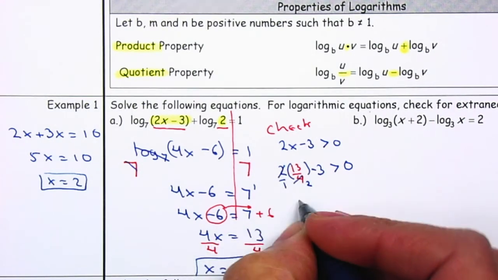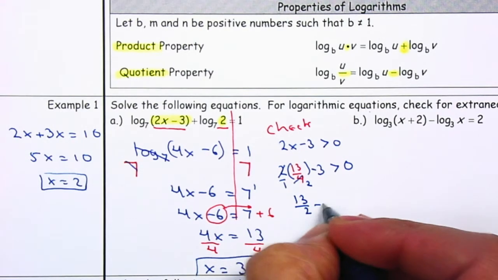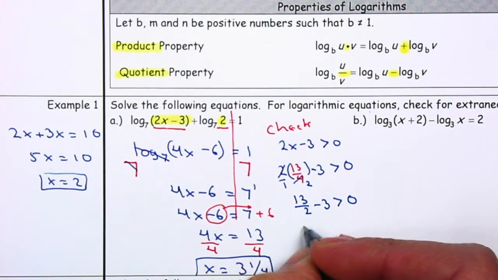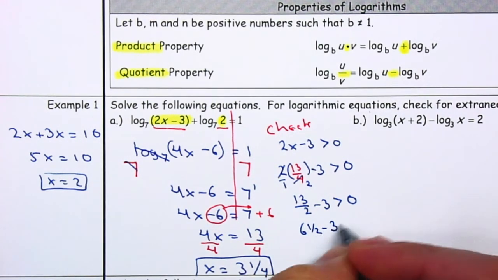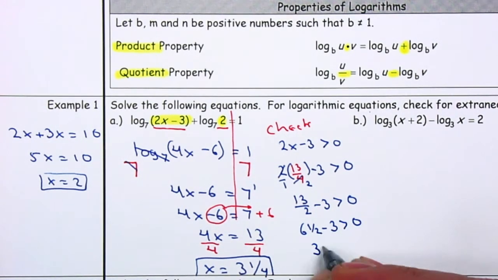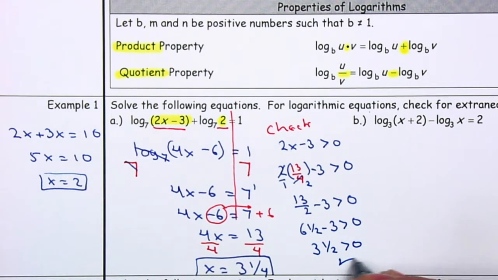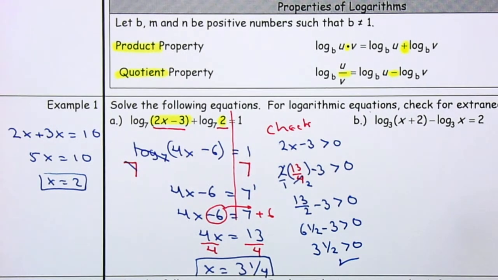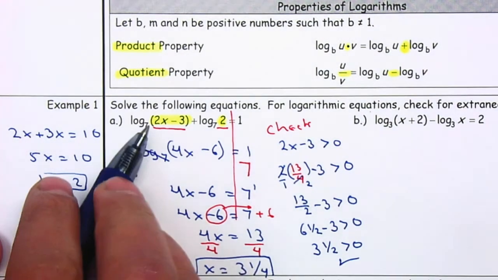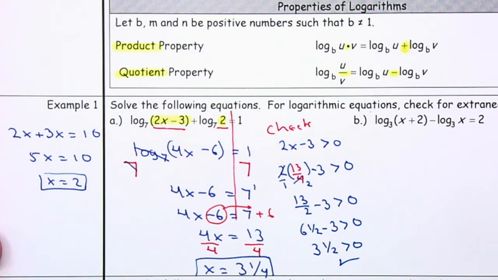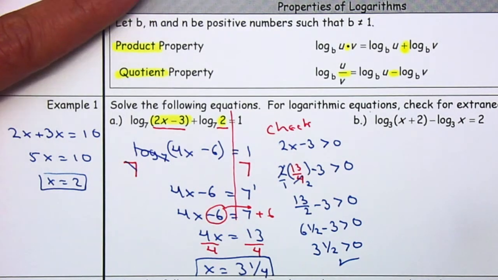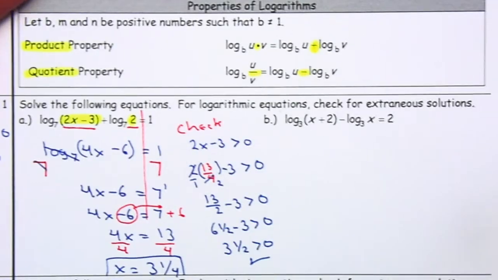So it gives you 13 over 2 minus 3 is greater than 0. That will give me 6 and 1/2 minus 3 is greater than 0. Is 3 and 1/2 greater than 0? Correct. You have to make sure, if you don't check and this gives you a negative number, then the answer will be incorrect.